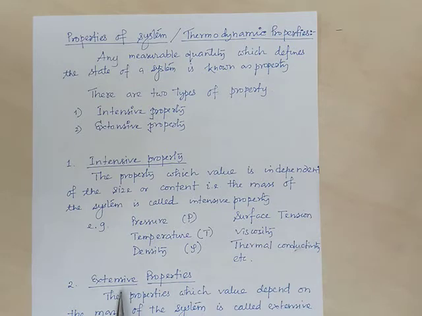The second kind are the extensive properties. These properties depend on the content or mass of the system. So if the mass is doubled, there will be a change in the value of that particular property. For example, volume is one extensive property, then internal energy, enthalpy, entropy, electric charge, magnetization, potential energy.